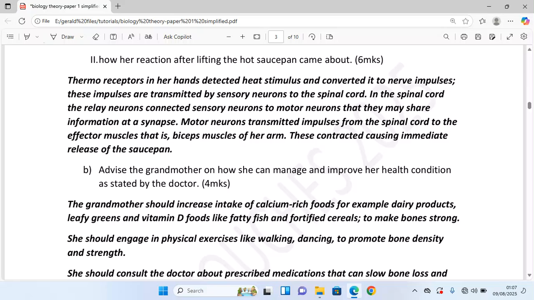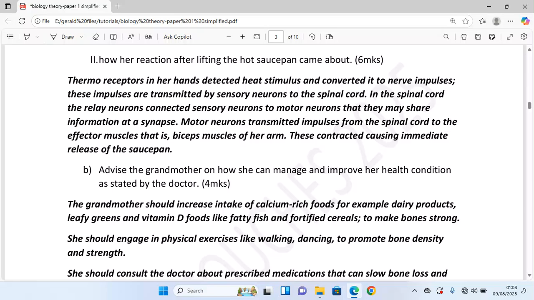Then in the spinal cord, the relay neurons connected sensory neurons to motor neurons so that they may share information at a synapse. Then motor neurons transmitted impulses from the spinal cord to the effector muscles, that is biceps muscles of her arm, and these contracted, causing the immediate release of the saucepan.